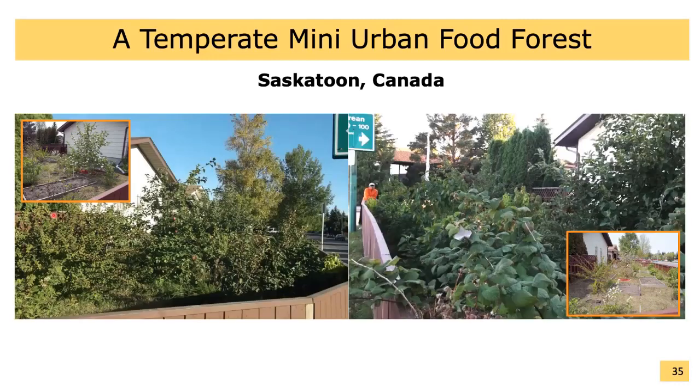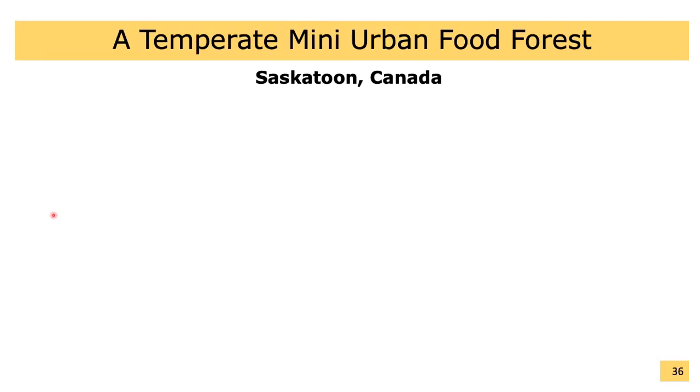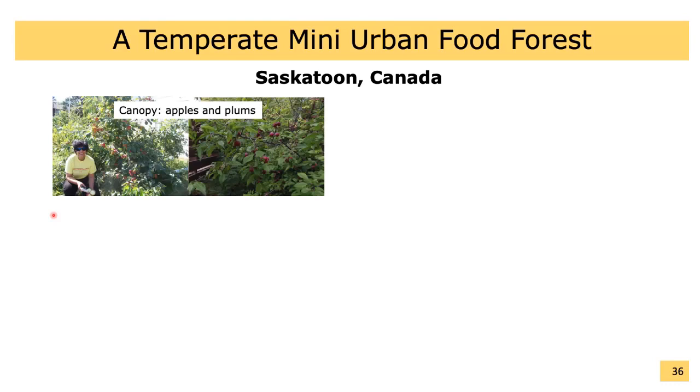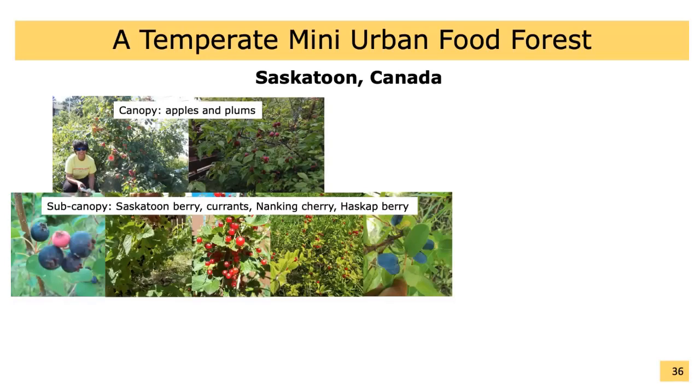Here you can see the food forest when it was almost fully established. For canopy layer, I had apple and plum trees as canopy for my mini urban food forest. Sub canopy layers, I had Saskatoon berries, black currant, red currant, Nankin cherries, and Haskap berries.